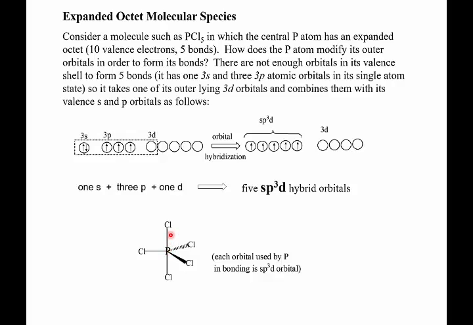All right. Well, there are 5 sets of electrons in this molecule, 5 bonds. You're going to need 5 hybrid orbitals. 5 hybrid orbitals come by combining the 3s, the 3p, and 1 of the d. The d comes from the 3d sublevel.